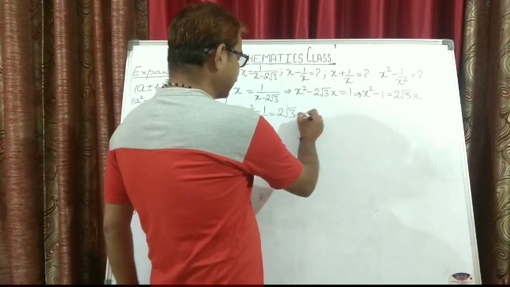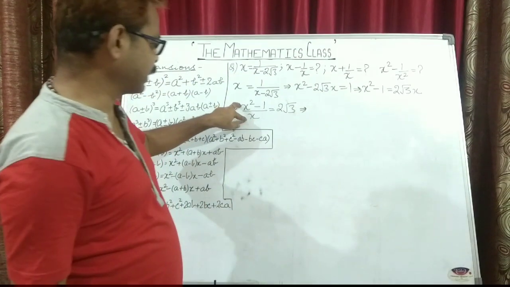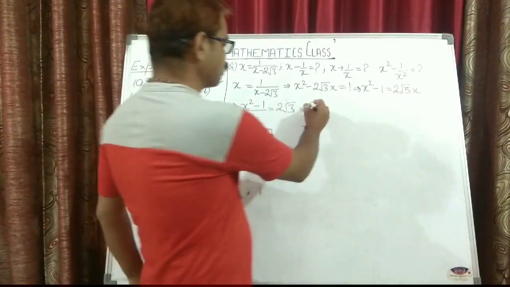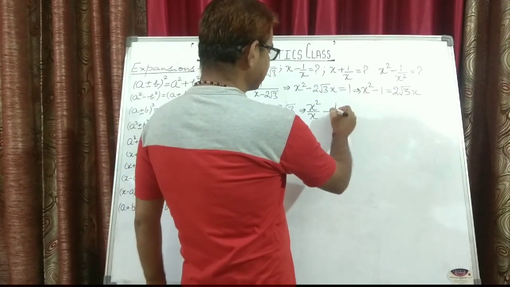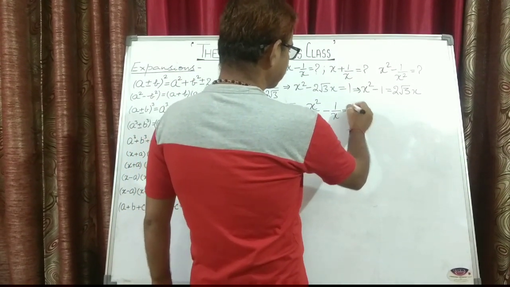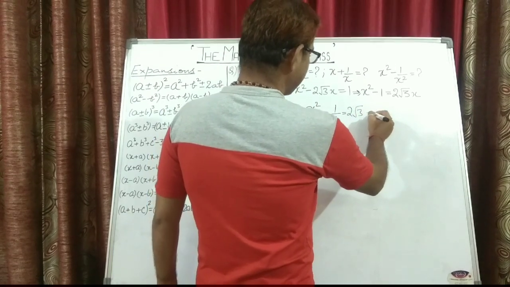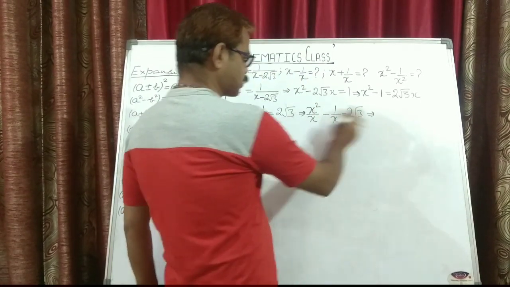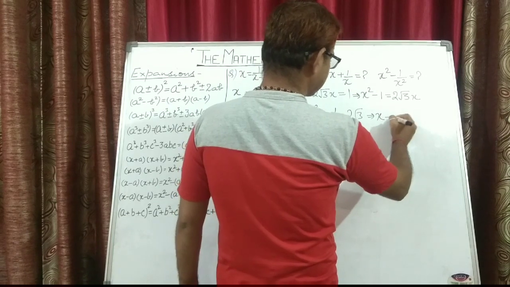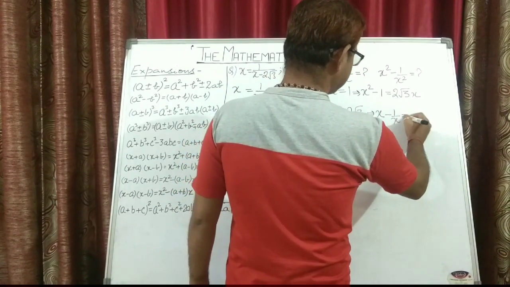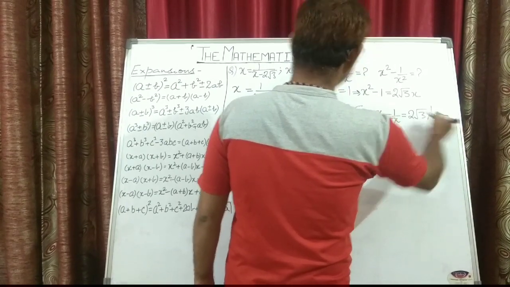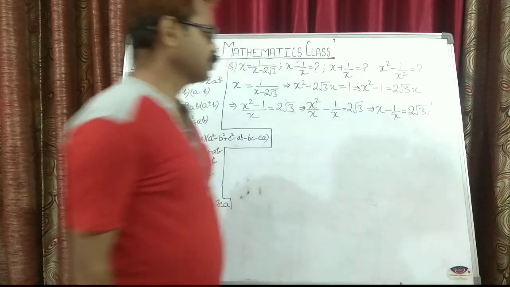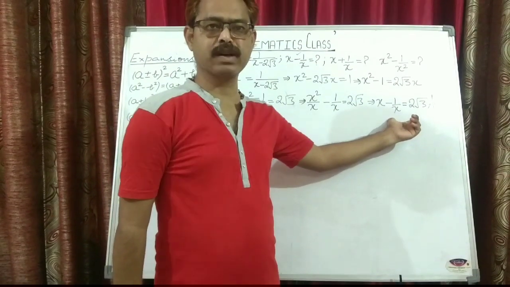Now if you write it separately, you can write it as x square upon x minus 1 upon x is equal to 2 root 3, and this implies that x will cancel one of the x squares. So x minus 1 upon x is equal to 2 root 3. That is the final value of the first part. You got the value of x minus 1 upon x.